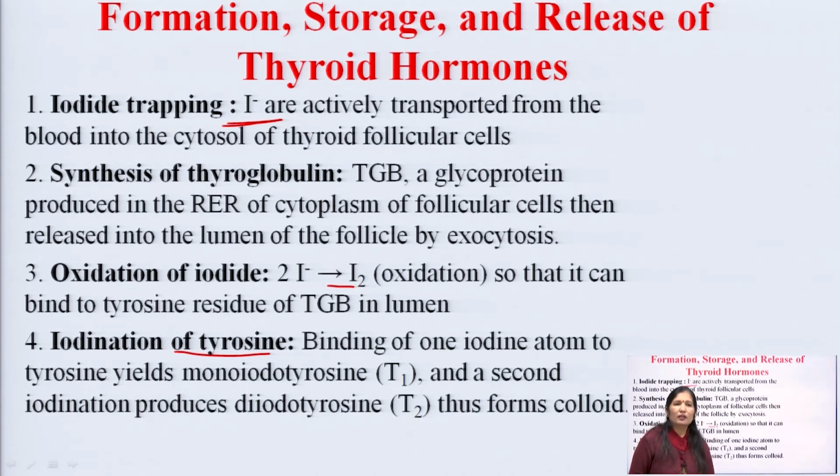For that, iodide undergoes oxidation. After oxidation, this iodine binds with the tyrosine. So, iodination of the tyrosine occurs and it will form monoiodotyrosine and diiodotyrosine, T1 and T2.